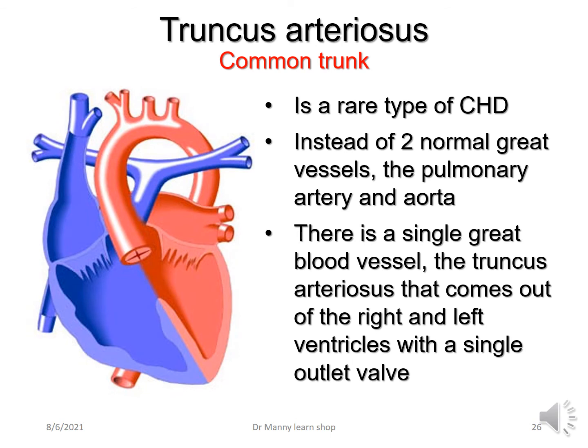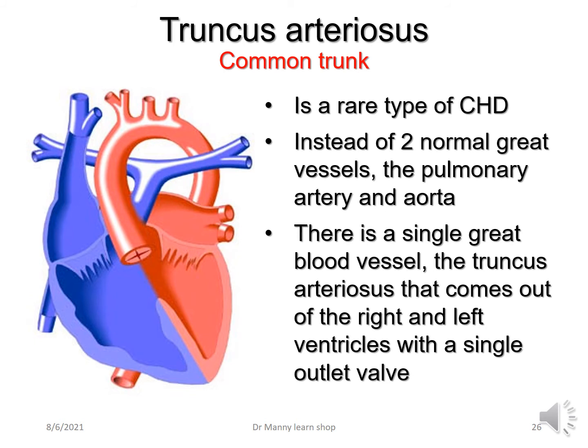Another congenital heart defect is called Truncus arteriosus, or sometimes referred to as common trunk. And this is a rare type of congenital heart defect. Instead of having two great vessels, the pulmonary artery and aorta, there's only one, a single great vessel, the Truncus arteriosus, and it comes out of the right and left ventricle as one tube, one trunk with a single outlet valve.